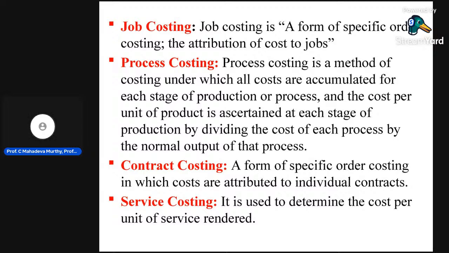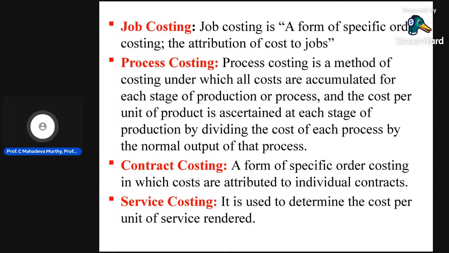With the help of process costing, we can find out the cost of the fifth process, the seventh process, the eighth process. Then we can find which stage is incurring more expenses. Process costing is most important for any production activity, manufacturing activity, or any activity for that matter.